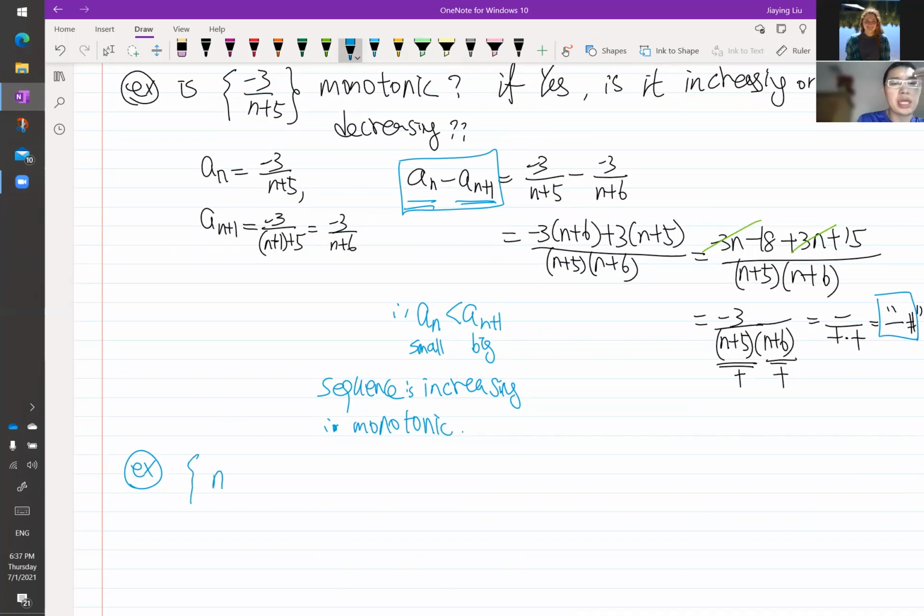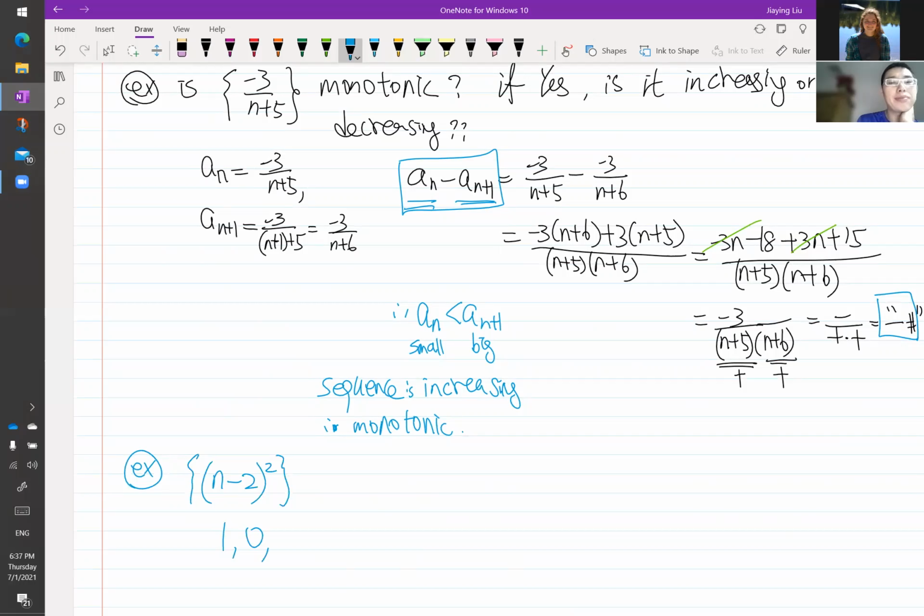What about this sequence: n minus 2 squared. If you put 1 there, you get 1. If you put 2 there, you get 0. You might conclude that, oh, that sequence is decreasing.